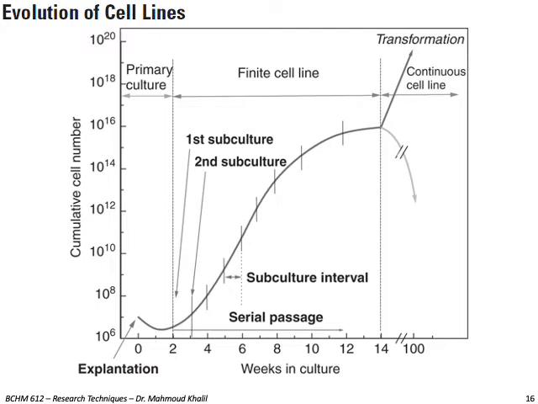So the population of the cells is increasing, and in this condition, from week 2 to week 14, as an average, is a serial passaging or subculturing. And the cells here have a finite cell line. After week 4, if it's due to some condition like mutation or immortalization, the cell can be transformed. And in this case, we term it a continuous cell line and it can be propagated indefinitely.